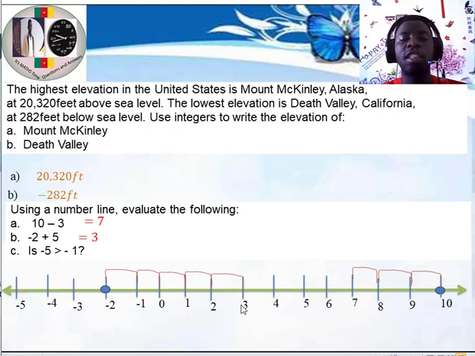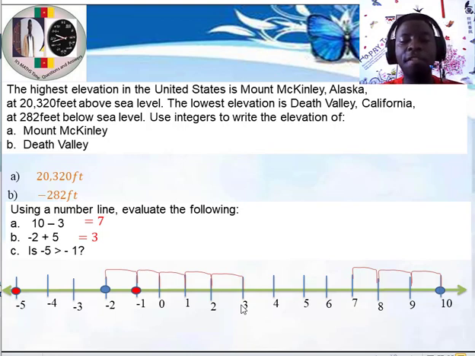The last question is asking us if minus 5 is greater than minus 1. So we go and plot our numbers on the number line. The first number is minus 5. We plot it there. The second number is minus 1. We plot it there. Now, is minus 5 to the left of minus 1 or to the right of minus 1?